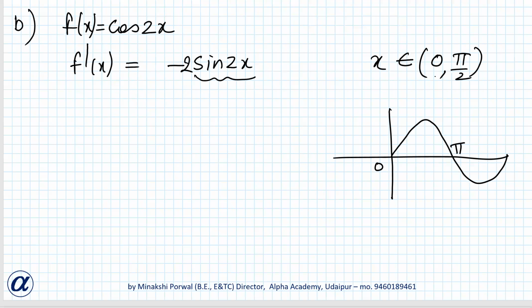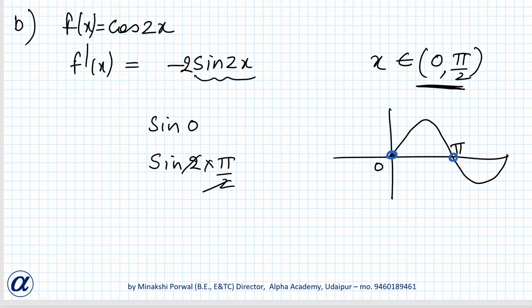In sin 2x, in this interval 0 to pi by 2, when you substitute 0 it is sine of 0, and when you substitute pi by 2, it is sine of 2 into pi by 2, so that is sine of pi. So basically they are talking about this interval from here to here.